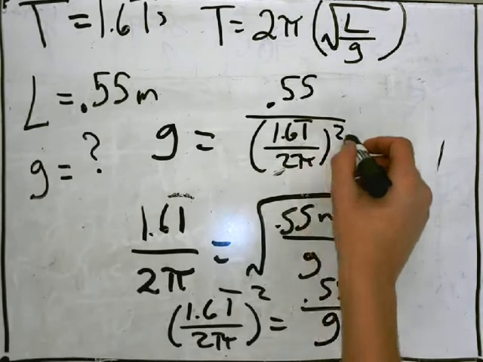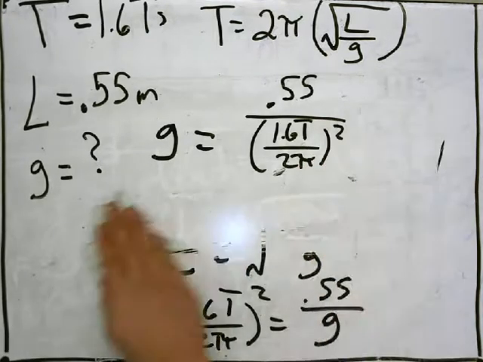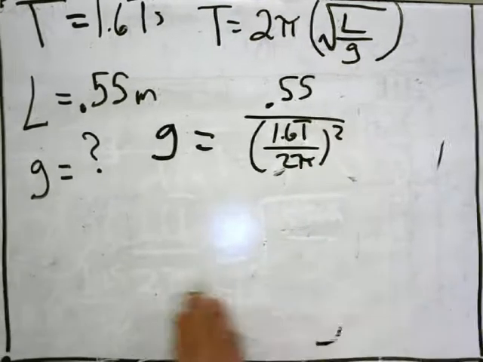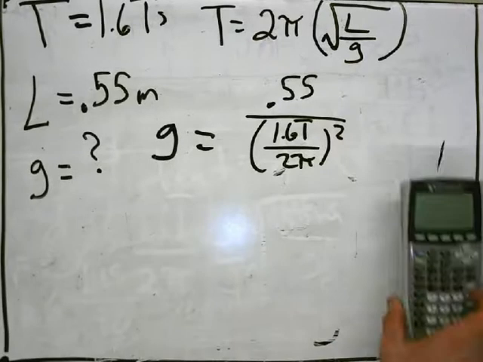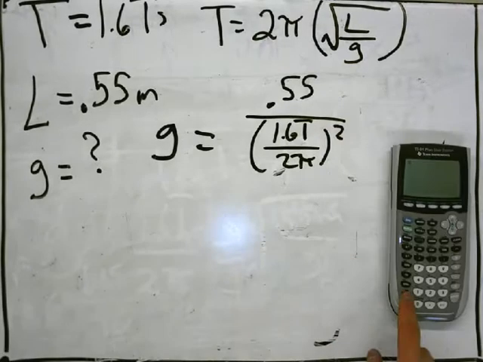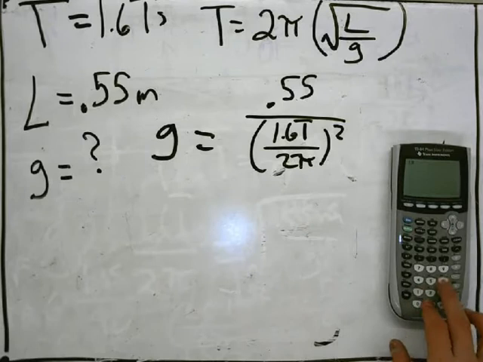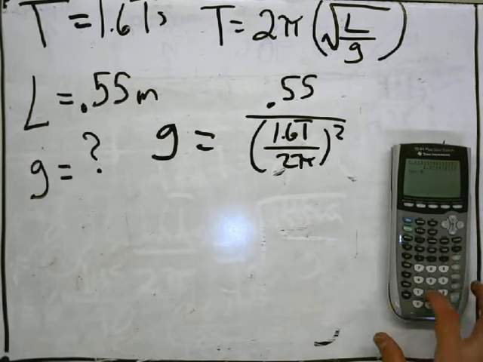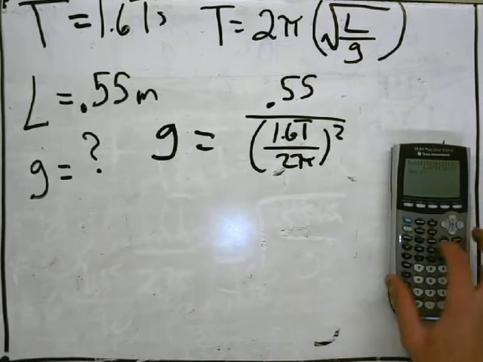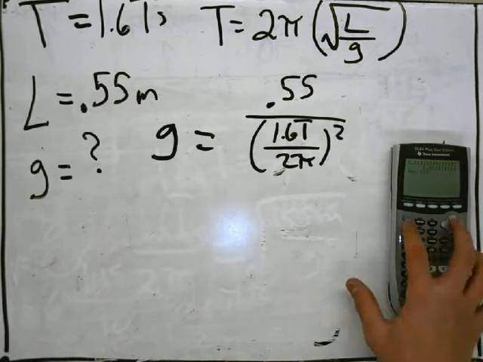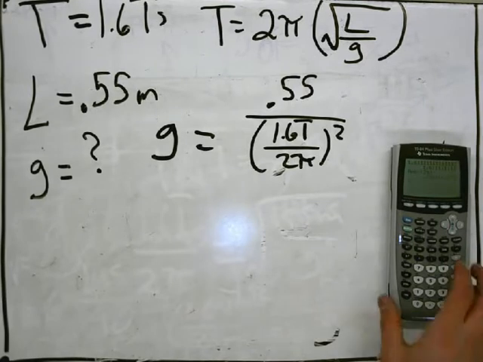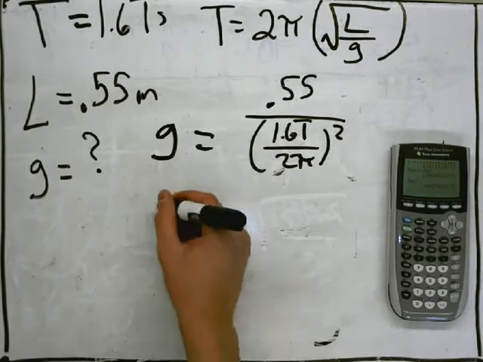So first I'm going to simplify this term. So we're going to have 1.61 repeating, and we're just going to divide that by 2 times pi, and square that. So we're going to get that the acceleration due to gravity is 0.55 over 0.06574 dot dot dot.